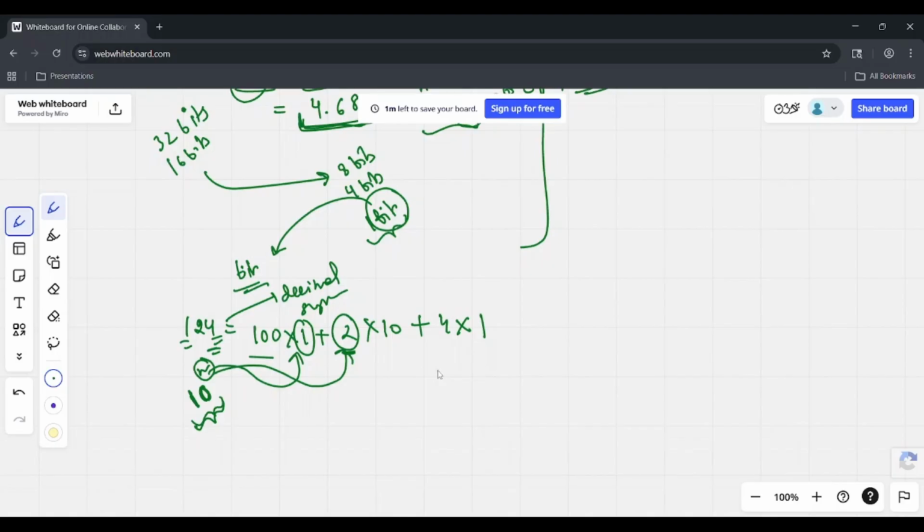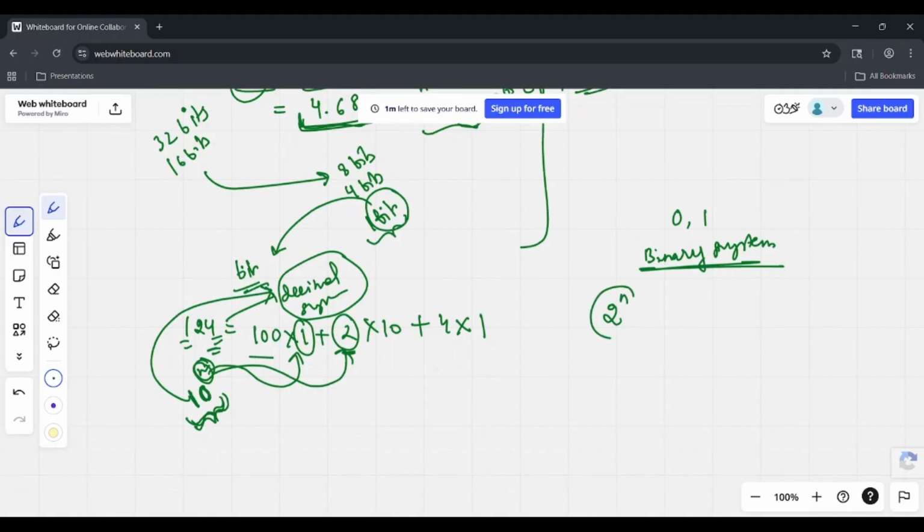We use the decimal system, but computers don't store numbers like this. They only understand 0 and 1. That is why they use the binary system for storing numbers. In this system, instead of using 10 raised to a power as we do in the decimal system, we use a base of 2.